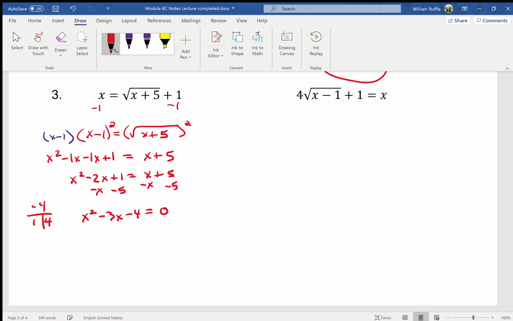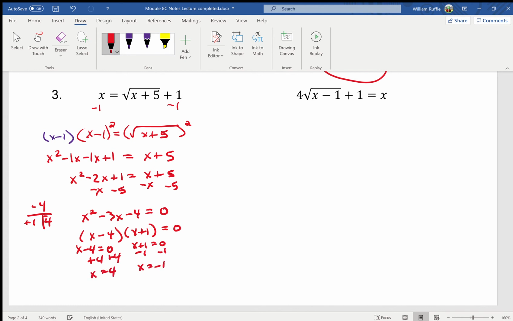Well, 1 and 4, I have to make this one positive, that negative. So that means it's going to be x minus 4, x plus 1 equals 0. So I let x minus 4 equals 0, so I get positive 4. And if I let x plus 1 equals 0, I'm going to subtract 1, and I get x equals -1.